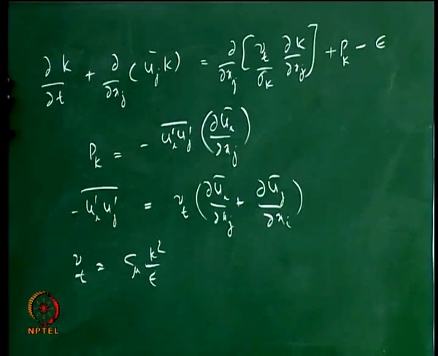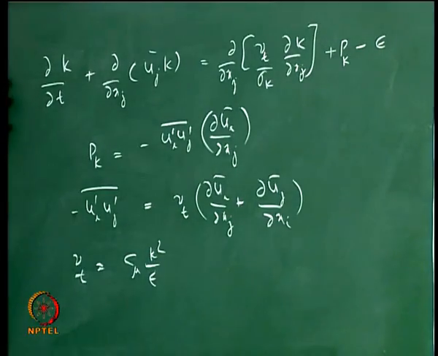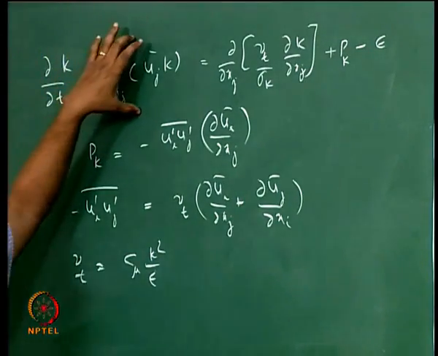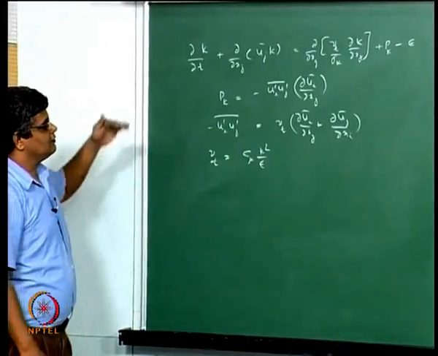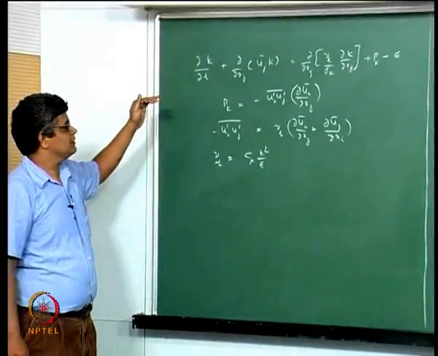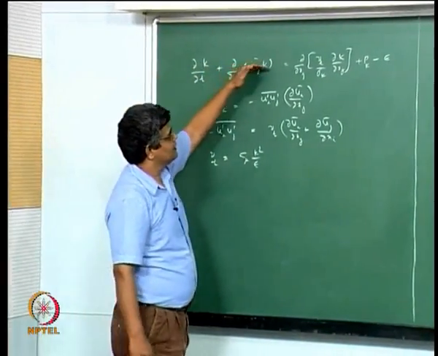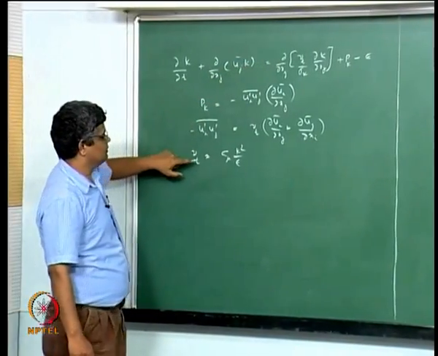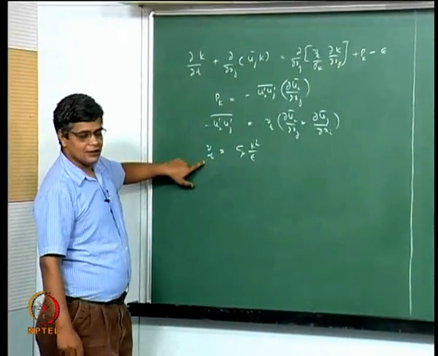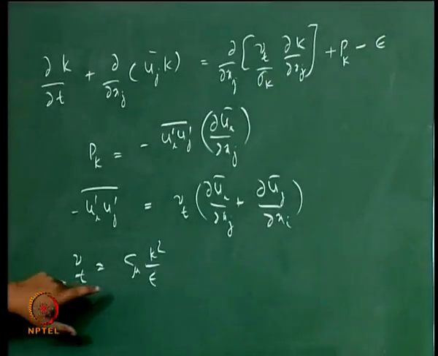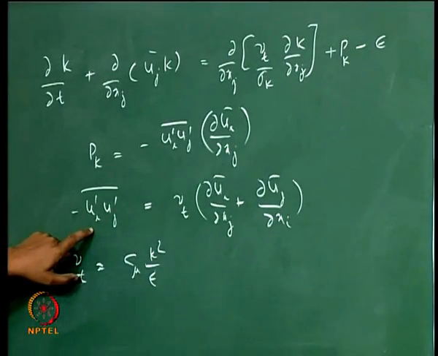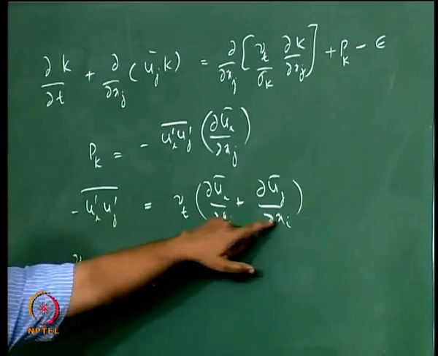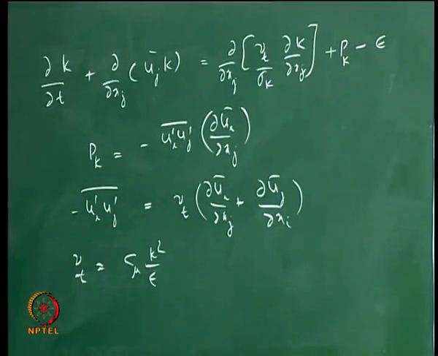We have a similar transport equation for epsilon, and therefore we have two standard equations of the generic scalar transport equation representing k and epsilon, which go together to determine the turbulent viscosity, which goes on to determine the turbulent or Reynolds stresses in terms of mean velocity gradients and the turbulent viscosity.